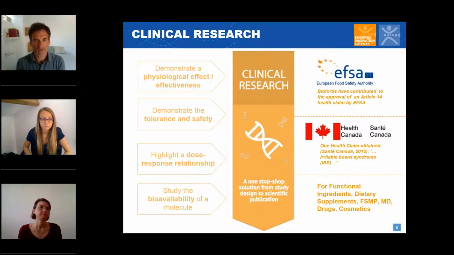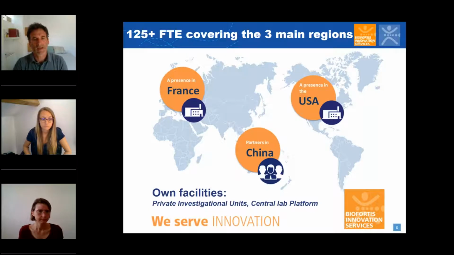Our job is to work in a world with 3 main locations: in USA, Chicago; in France, Nantes; and in China, Shanghai, with our own clinical investigation units and our own centralized lab platform. Our job is just to serve innovation with more than 125 employees in the world.